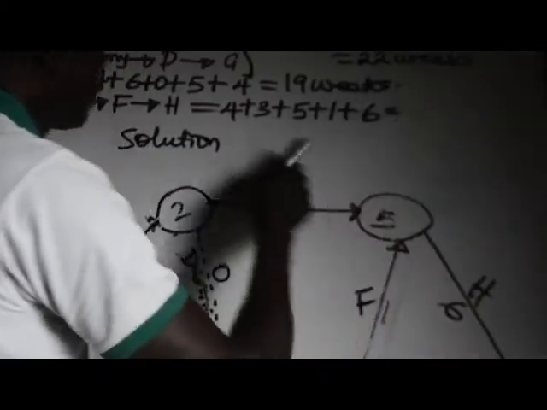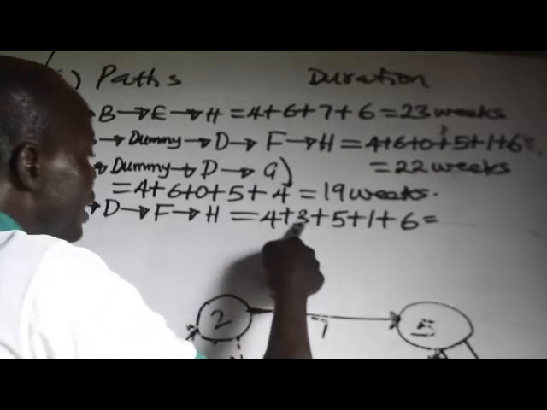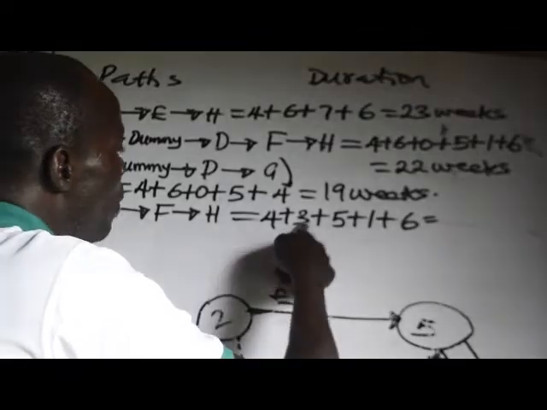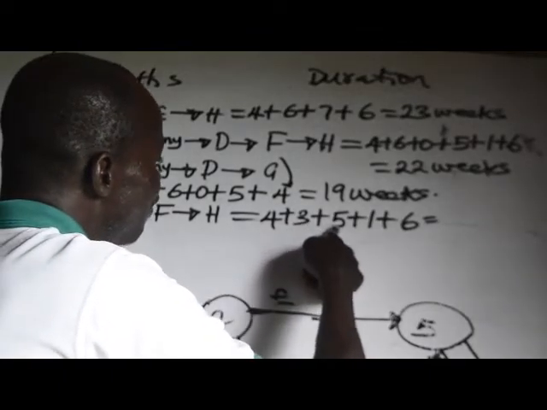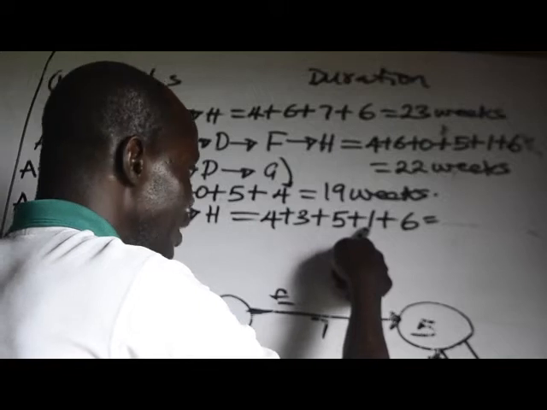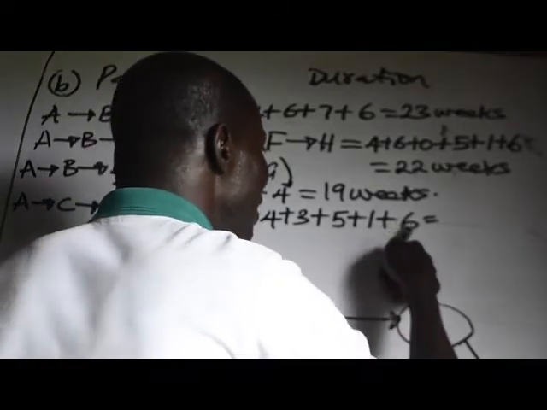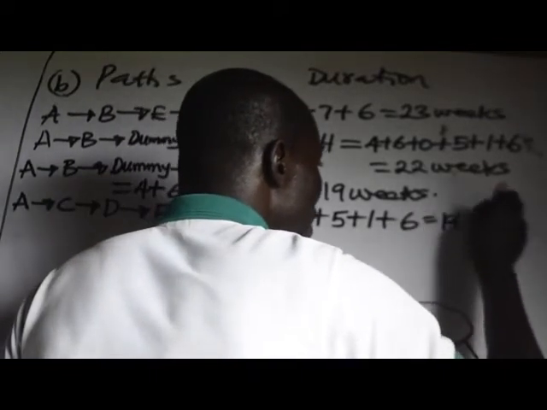If you sum it up, 4 plus 3, that is 7. 7 plus 5, 12. 12 plus 1, 13. 13 plus 6, that is 19 weeks.